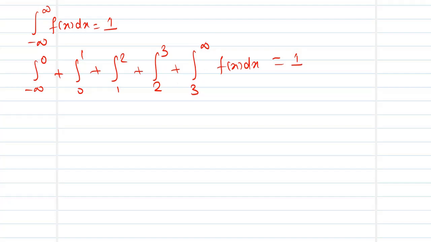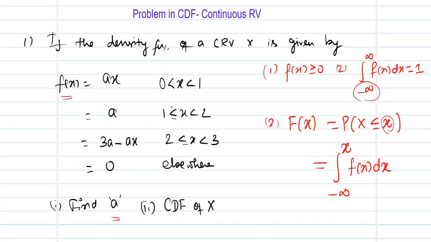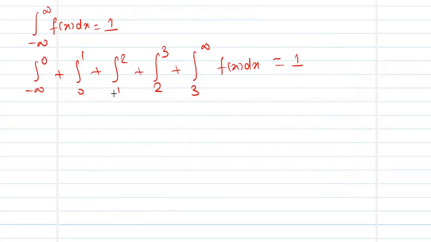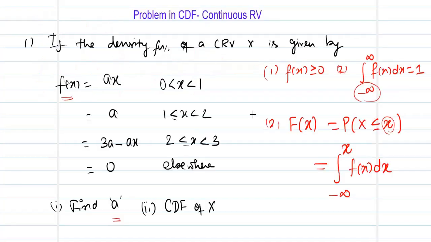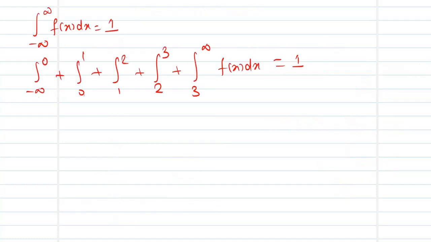What is the value taken by the function in the remaining portions, minus infinity to 0 and 3 to infinity? Elsewhere, the function is 0, so the function is 0 over here and 0 over here.